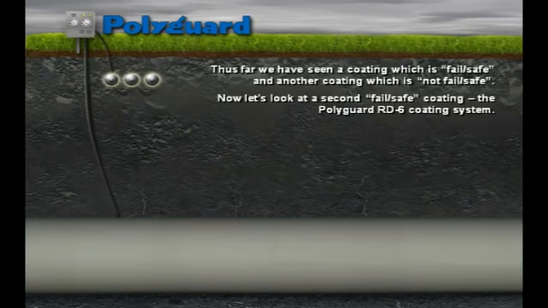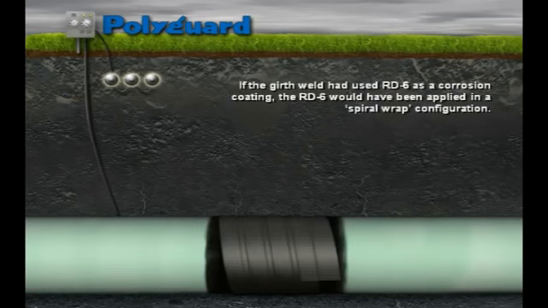Thus far we have seen a coating which is fail-safe and another coating which is not fail-safe. Now let's look at a second fail-safe coating, the Polyguard RD6 coating system. If the girth weld had used RD6 as a corrosion coating, the RD6 would have been applied in a spiral wrap configuration.